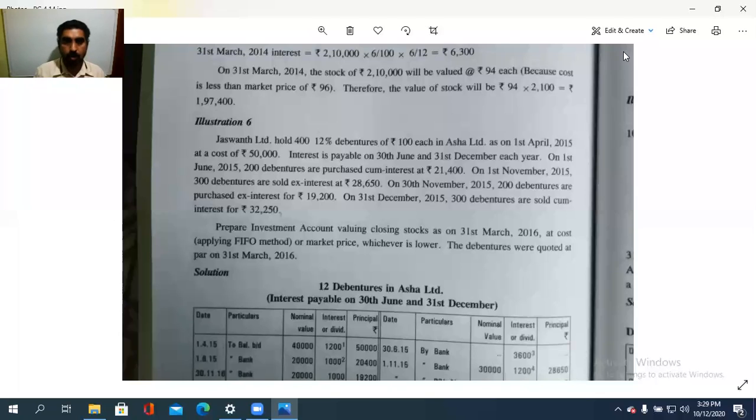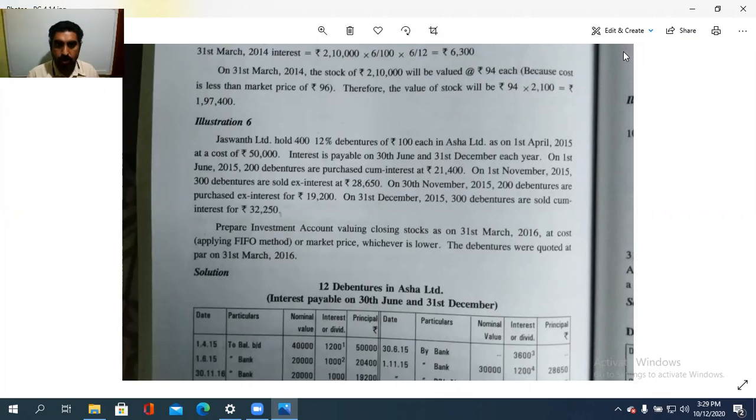So we will do one more problem with both the cases, I think: ex interest and cum interest. Illustration 6: Jaswant Limited holds 12% debentures of rupees 100 each in Asha Limited as on 1st April 2015 at a cost of 50,000. Interest is payable on 30th June and 31st December every year.